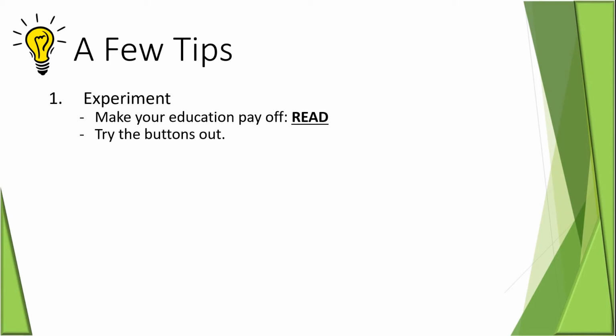Number two, try the buttons out. You won't know what it does if you don't try it out. Just make sure that you don't click buttons at random, because you might be erasing your work. That's why I mentioned that you have to read what you're trying out.